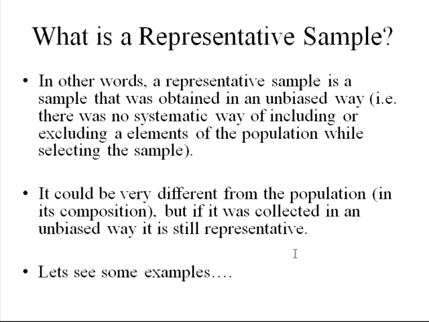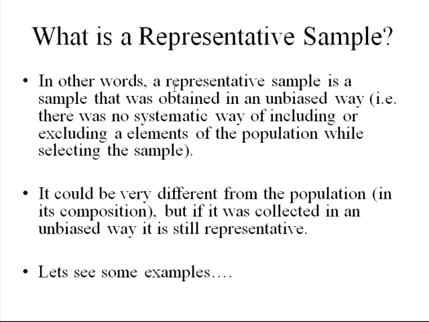A representative sample is a sample that was obtained in an unbiased way. That means that there was no systematic way of including or excluding elements of the population while selecting the sample. Notice here that what makes a representative sample is the process of collecting it in an unbiased way.